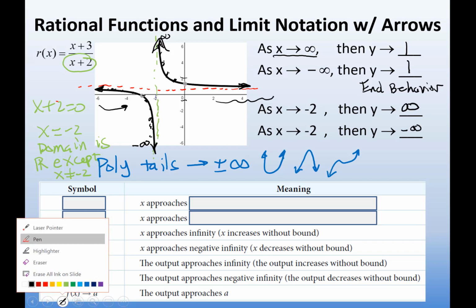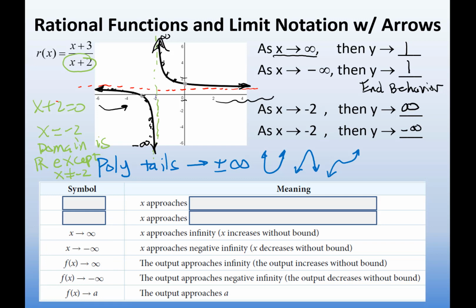And so we're going to add something to the notation here. I'm going to say x going to -2 from the right. Now I'm going to put a little plus sign on it to say I started x's from the right side. And so x's are going this way and the y's are going up.